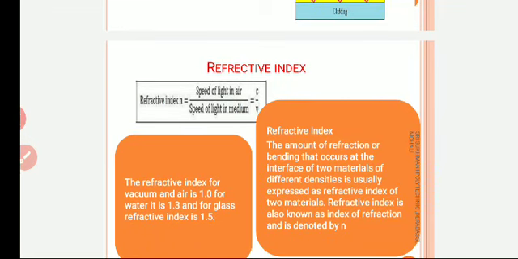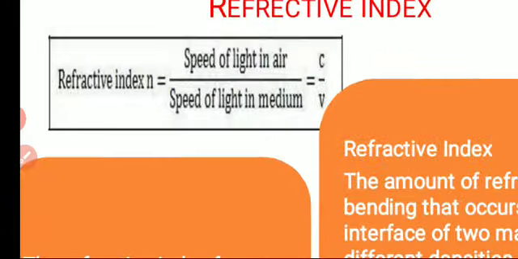Recently we have studied refractive index, that the core has a higher refractive index and the clad has a lower refractive index. But first of all, what do we mean by refractive index? The refractive index is the ratio of the speed of light in air to the speed of light in a medium.